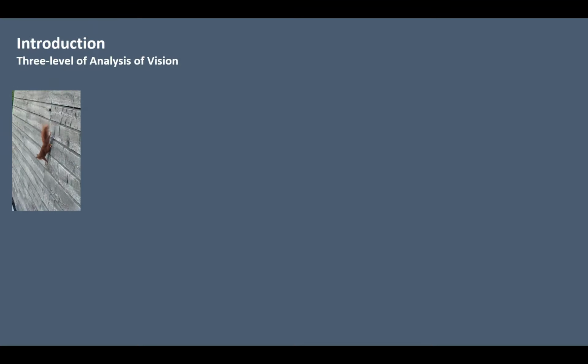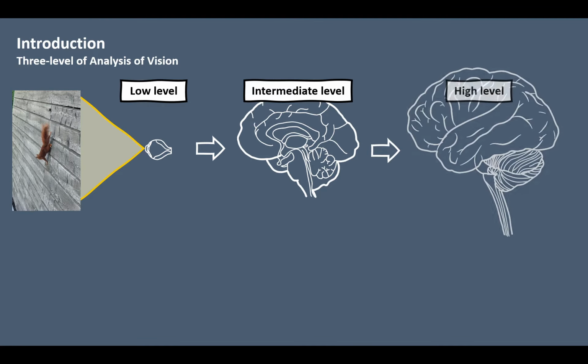Okay, let's briefly talk about how the brain processes visual information, not only the properties of the stimulus, but also its context. The brain analyzes visual scenes at three levels: low, intermediate, and high level.